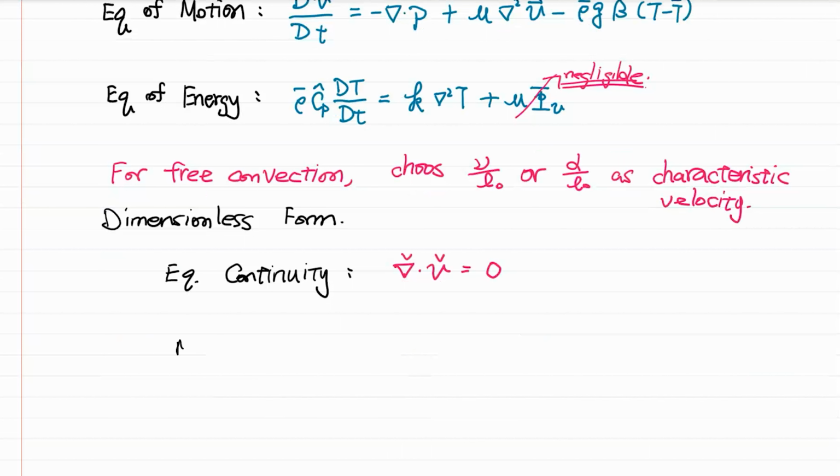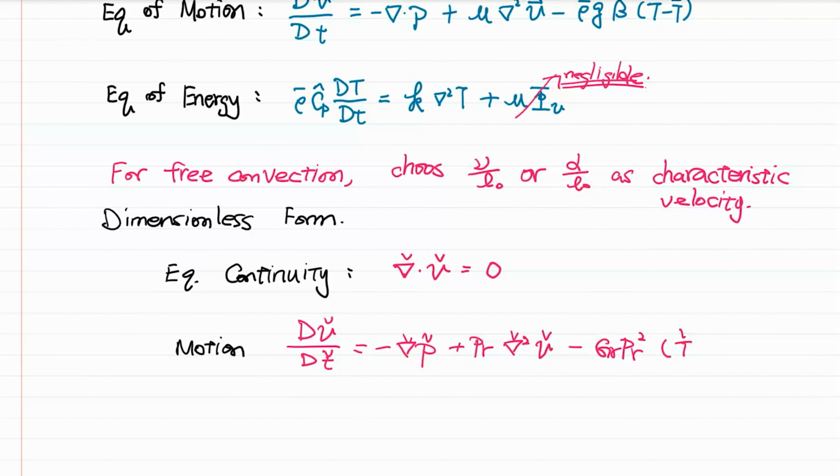The equation of motion becomes Dv/Dt equals the negative gradient of p plus the Prandtl number times the dimensionless Laplacian of the dimensionless velocity minus the Grashof number, Prandtl number squared, times the dimensionless temperature minus 1/2.